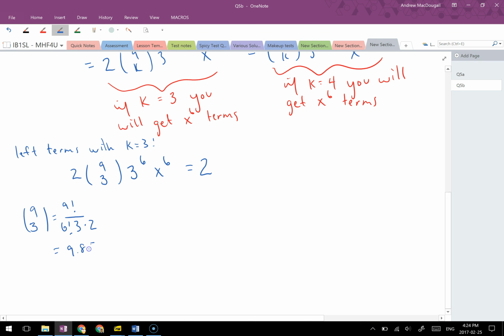Which is 9 times 8 times 7 times 6 factorial. Do some canceling. 6 factorial is gone. 3 goes into 9 3 times. 2 goes into 8 4 times. So we have 4 times 3 is 12, and 12 times 7 is 84.